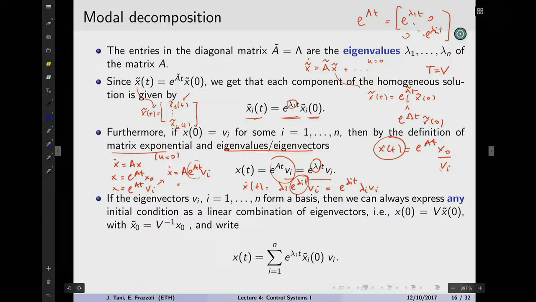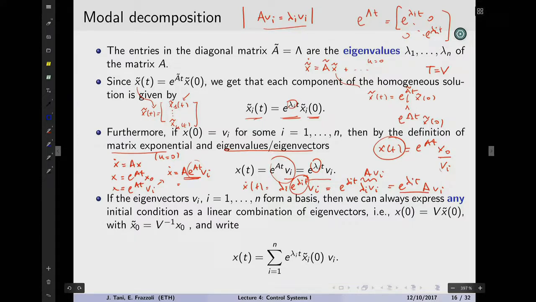And by definition of eigenvalues and eigenvectors, A vᵢ is equal to λᵢ vᵢ, so this term here is A vᵢ. So now we've got e^(λᵢt) A vᵢ, and this term here is the same as this, and this means that this is a solution.